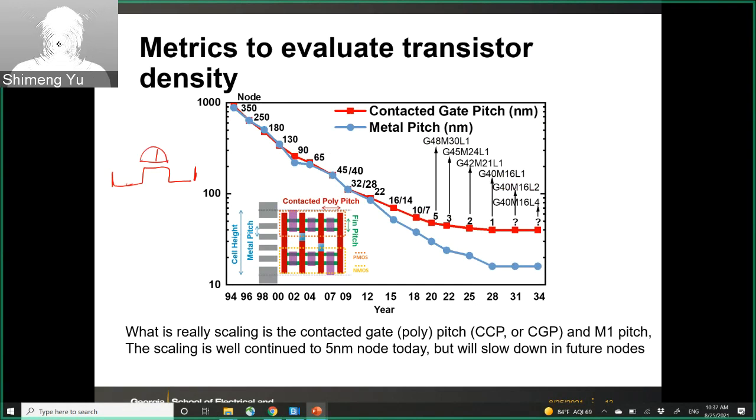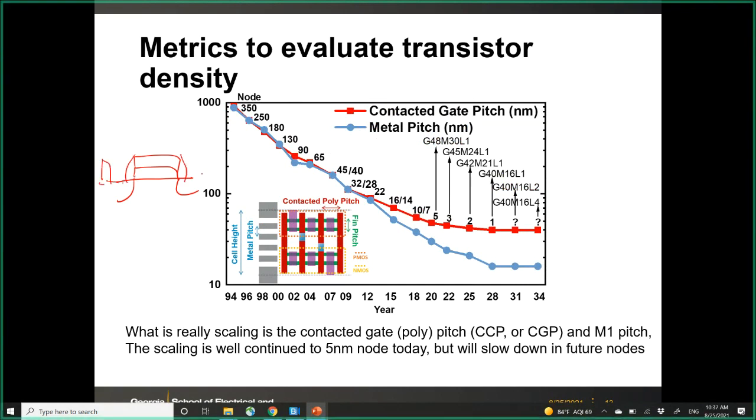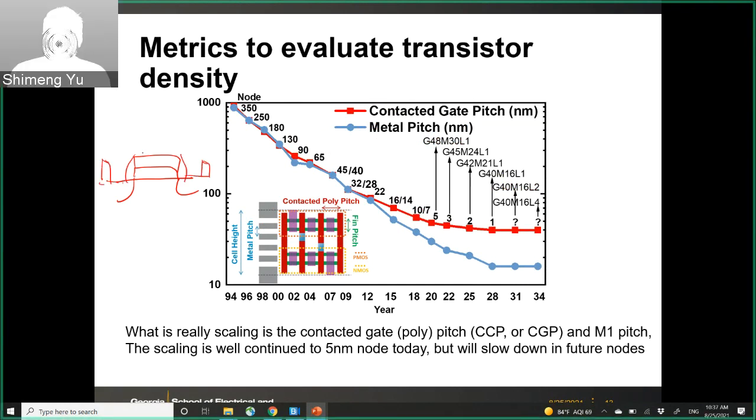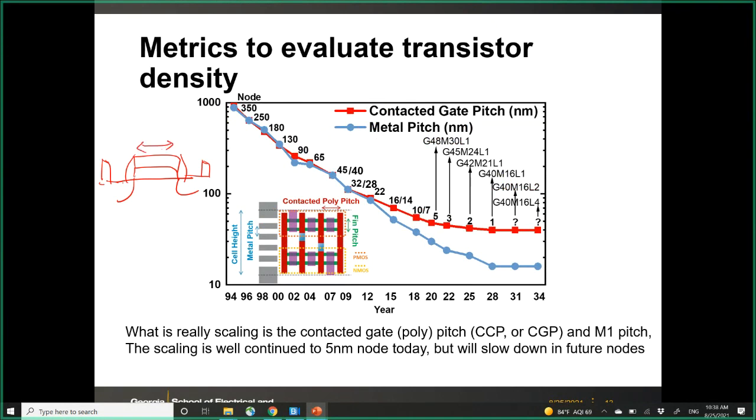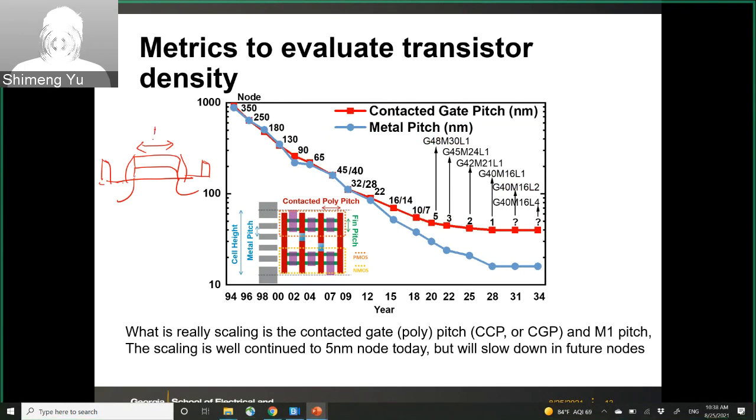Or let's draw a transistor. And then you have the contact. So this gate length, LG, does not scale. What is scaling is the center of the contact to the center of the contact.